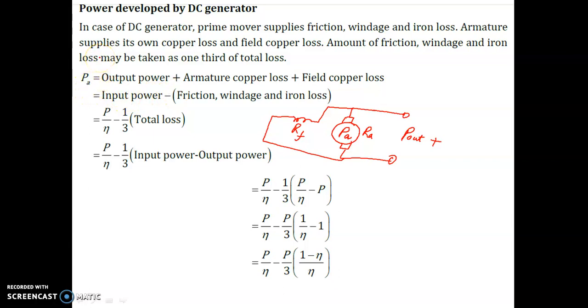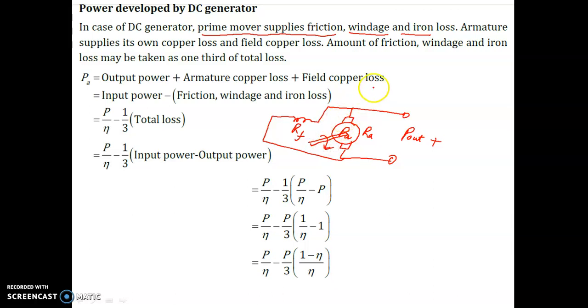In case of a DC generator, the prime mover supplies friction, windage and iron losses, because if it is a generator, it has to be rotated by a prime mover or some external means.